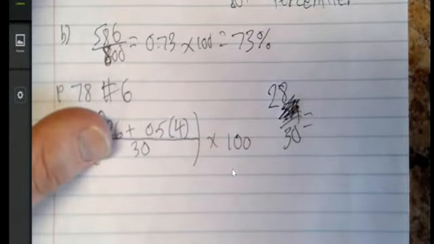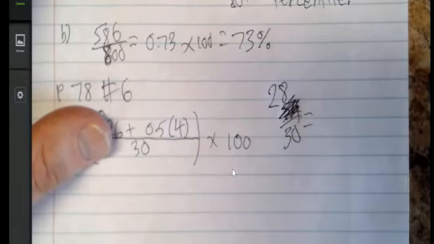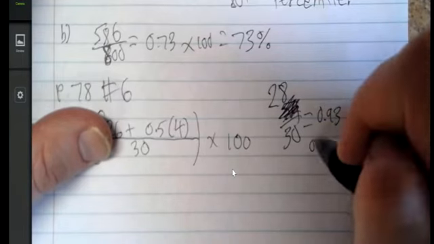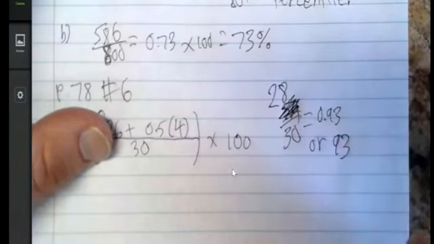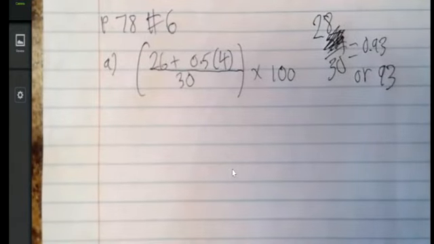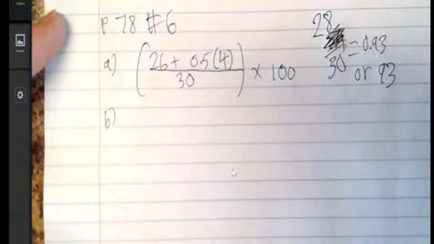So 28 out of 30, for heaven's sake. 0.93, or if you multiply by 100, she is in the 93rd percentile. That's pretty good. 92%, and she's in the 93rd percentile, so only 7% of the class got a higher mark than she did.